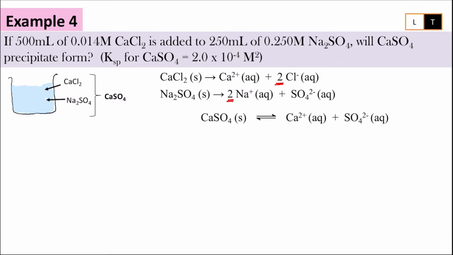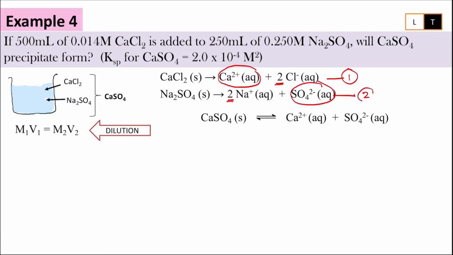We will start the calculation by using M1V1 equals to M2V2. This is the formula for dilution. Kita cari one by one untuk Ca2+. So, untuk case ini, equation yang pertama kita cari untuk Ca2+, and then seterusnya saya ada Na2SO4. Kita akan calculate untuk SO4 2-.